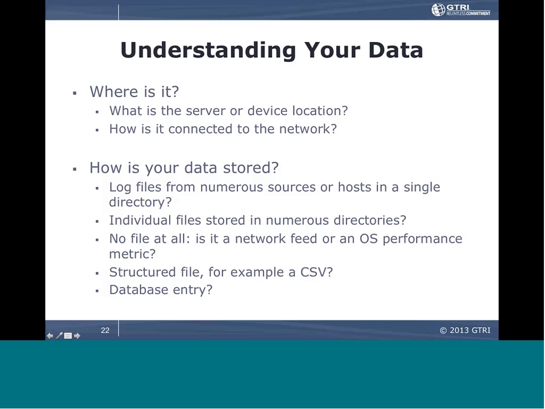So that's often what you see. You have usually more than one log file. Sometimes you don't have a file. Sometimes it's a network feed. What do I mean by that? Well, if you want the logging messages from the Cisco switch, or a temperature sensor or anything like that, usually they'll have a little interface where you can configure a syslog server. So they use a network protocol called syslog.